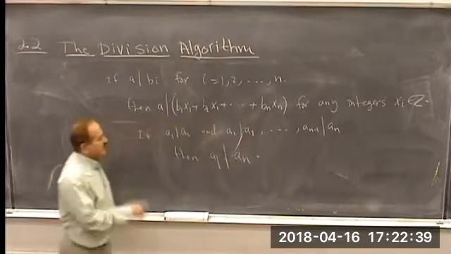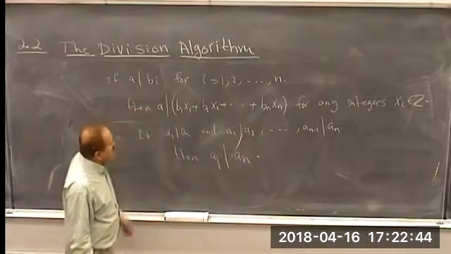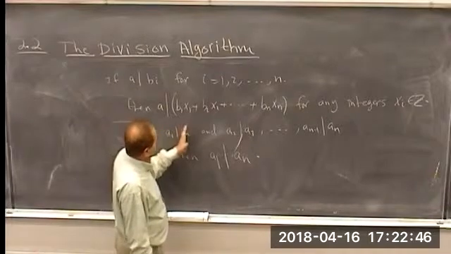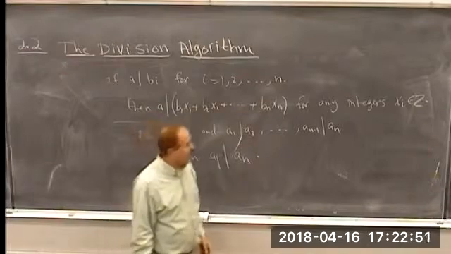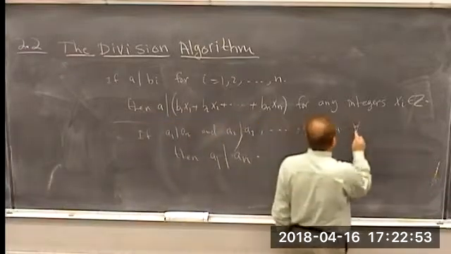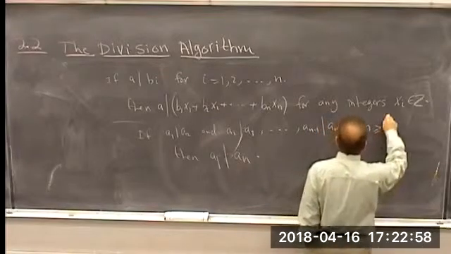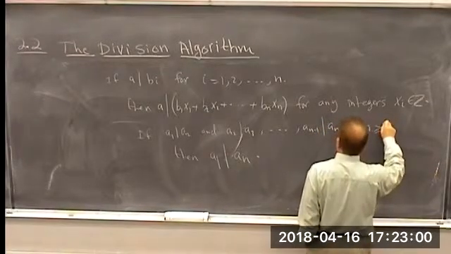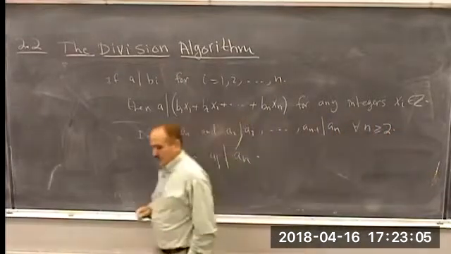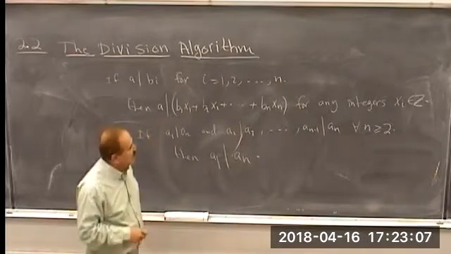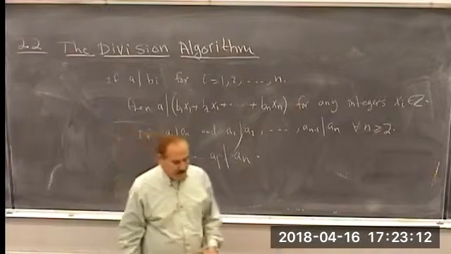So the transitive property goes as many of these as possible, A1, A2, then A2, A3, then A3, A4, and so on. This is for every n bigger than or equal to 2.